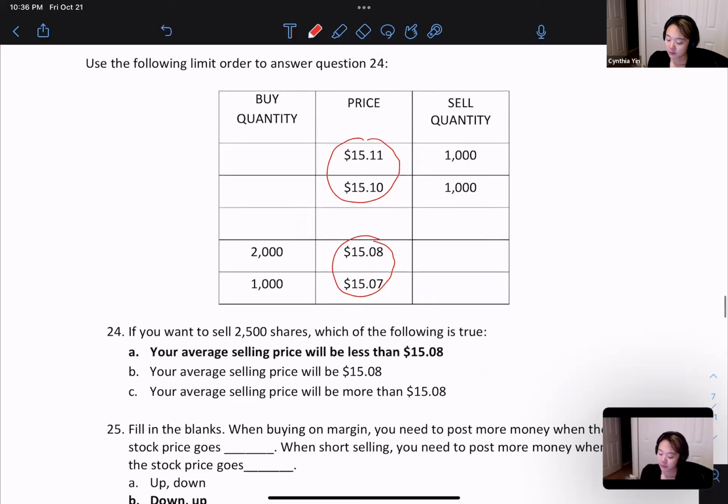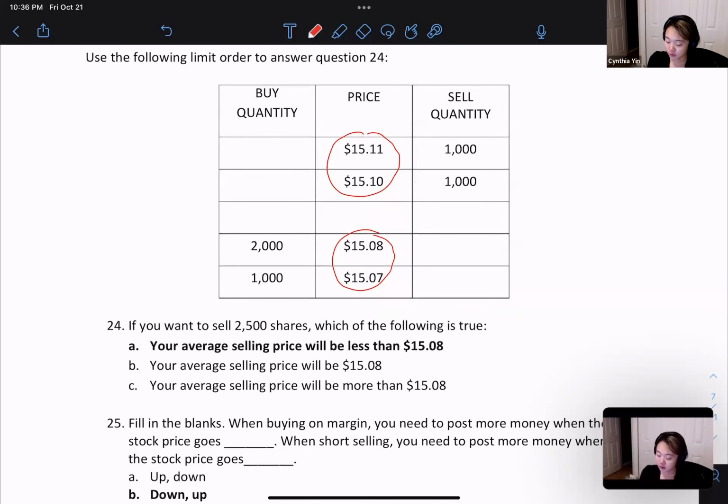So if you want to sell, you look at these two numbers. Which of the following is true? You want to sell 2,500 shares. Because at this price, you can only sell 2,000 shares, and the leftover 500 shares will be sold at the lower price, $15.07. So your average price will be less than $15.08.